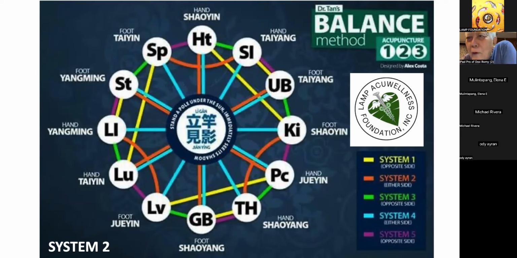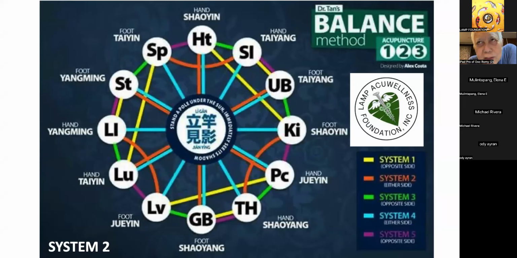Okay, teka muna po before we end. Meron po nakalagay dito, if you will notice, stand a pole under the sun. Immediately see the shadow. Ligan Jianying. Ang ibig sabihin nito, ganito kabilis ang meridian balancing.